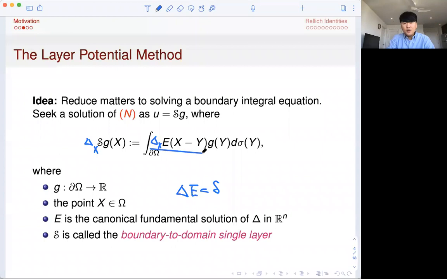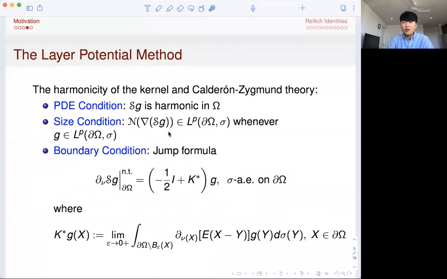Then this is going to be a delta distribution at X. But Y is never going to be X because Y is on the boundary and X is in the domain. So this is going to be 0. That's why the single layer of g is a harmonic function in the domain Omega.